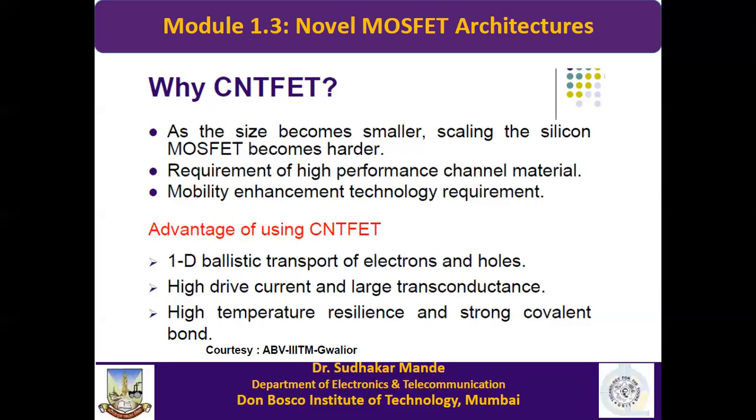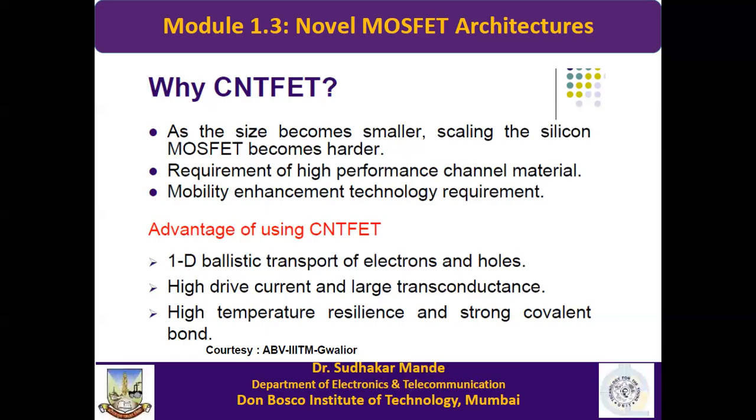Now ballistic transport means, you might have seen that in a conventional MOSFET, on current depends upon velocity. It increases linearly, and then it saturates. But ballistic means ballistic effect.